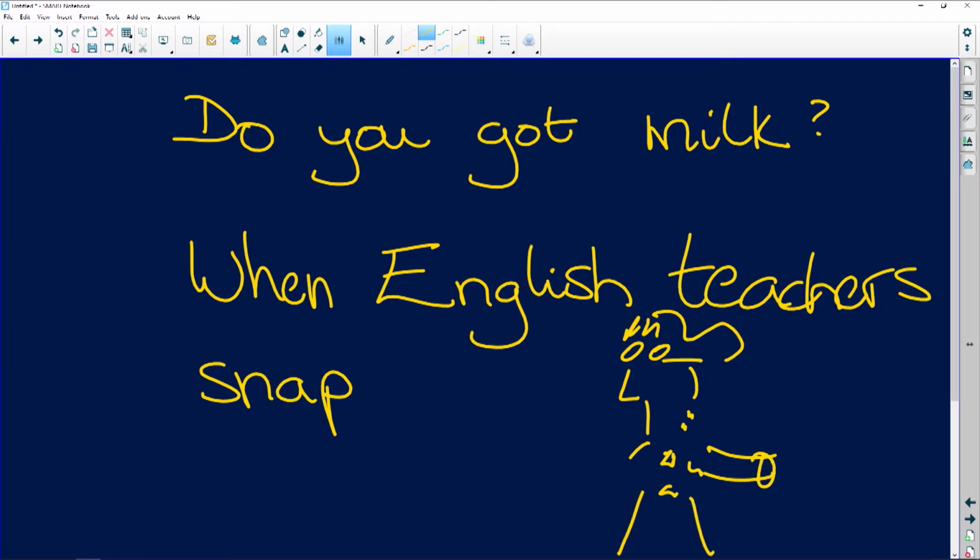All right? So you could look at the stereotype. She's old, she's got glasses, her hair is drawn back, and she looks frumpish. Frumpy is unfashionable, old and unfashionable. Right, okay, so that's what she looks like.